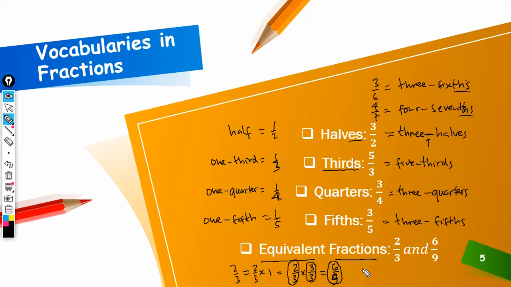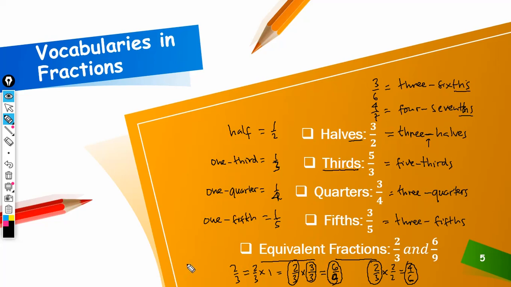Now can you find other equivalent fractions with 2/3? Let's say when we multiply with 2/2, we get 4/6. So 2/3 is also equivalent to 4/6.